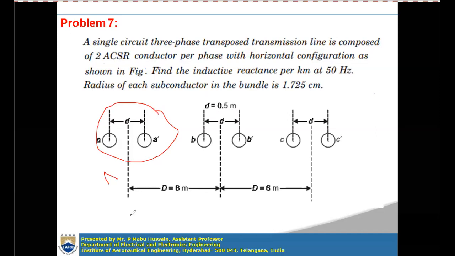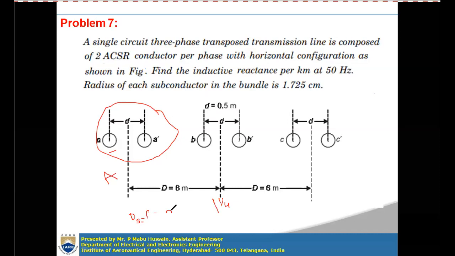So if you write for DS, you are having a product whole to the power of 1 by n square. Here in phase A you are having two conductors, so n square is 4. If you consider the subconductor A, the self distance is DAA and the other distance from A is DAA dash. The product.